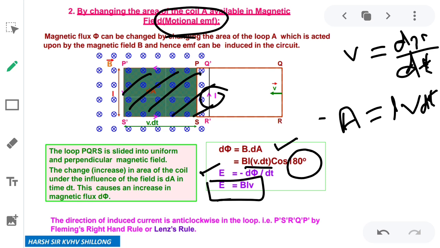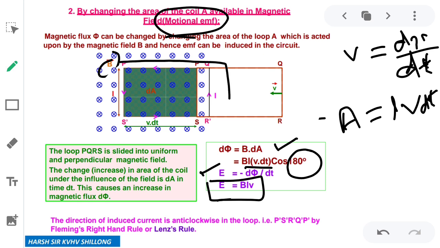When flux increases, what happens actually? The same polarity is formed. So the field here is normally inward, that means north pole is above the board. Same polarity means this face will have north pole. North pole means current will be in anti-clockwise direction. So you can see here the current is shown in the anti-clockwise direction.